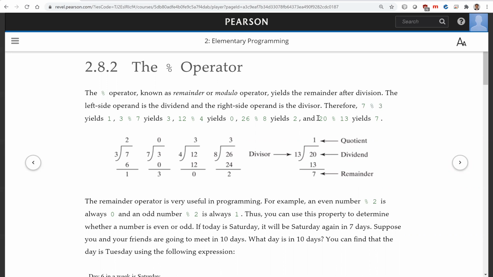And 20 remainder 13: 20 divided by 13, and the remainder is 7. Here 20 is the dividend, 13 is the divisor, and 1 is the quotient.